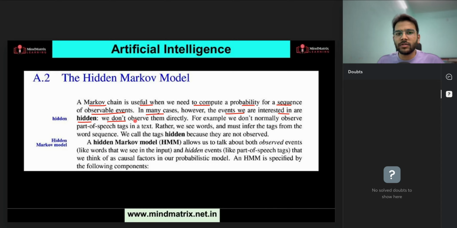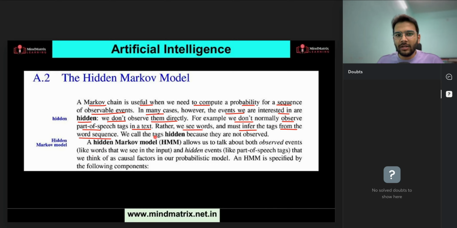For example, we don't normally observe part of speech tags in a text. Rather, we see words and must infer the tags from the word sequence. So we call the tags hidden because they are not directly observed in the text. Clear? This is one example.